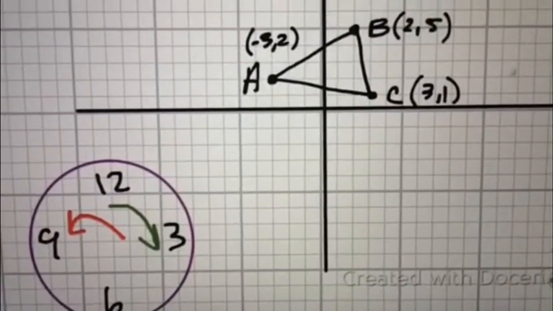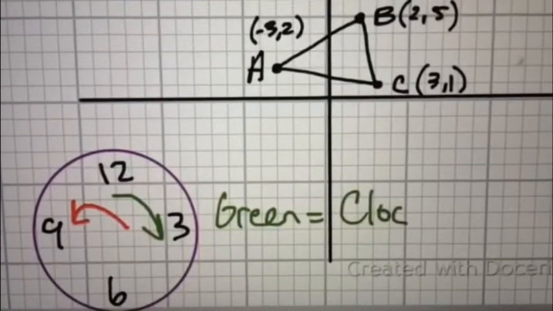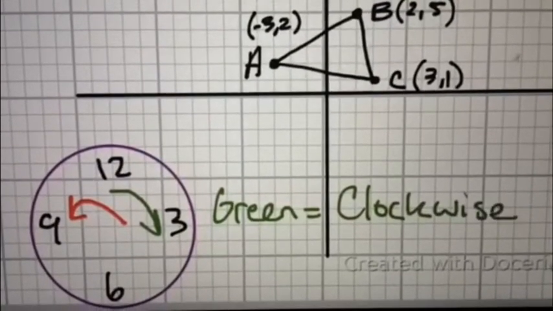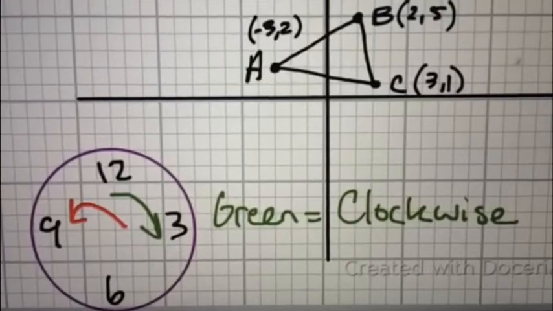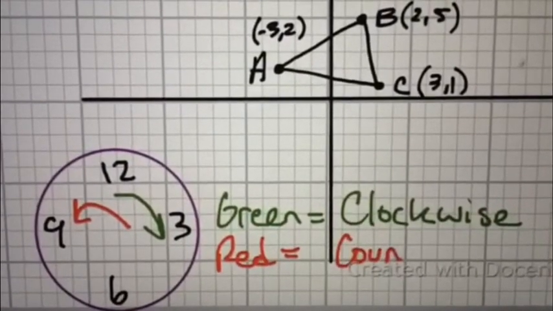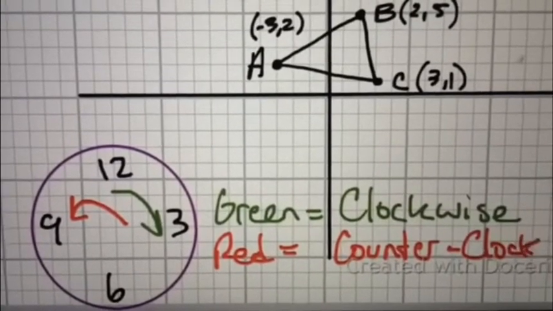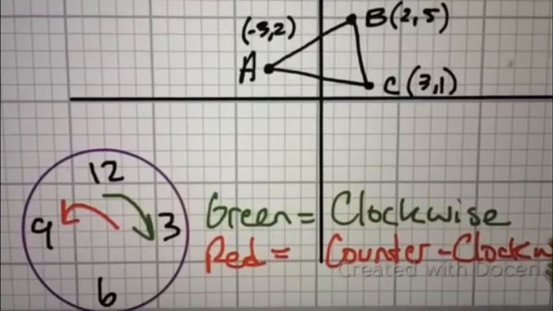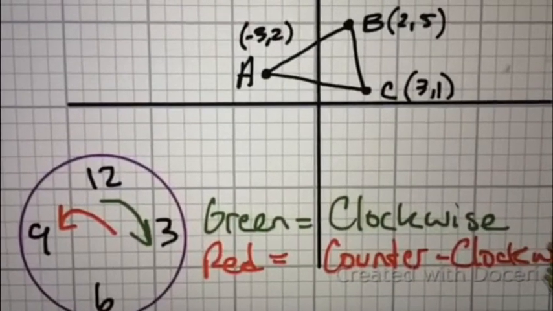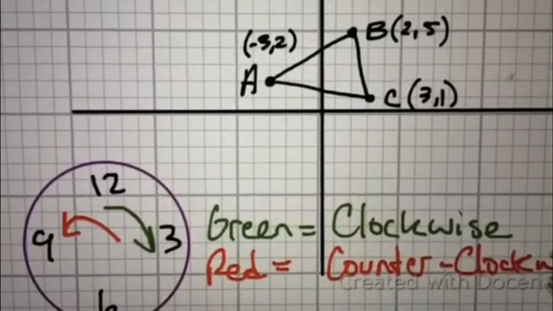So the green equals clockwise, and then the red arrow means counterclockwise. So those are the two different directions that my geometric shape can rotate. And it will always tell you in the instructions if you're going to move clockwise or counterclockwise. So in this example, it says clockwise.